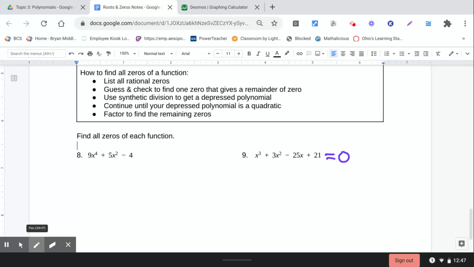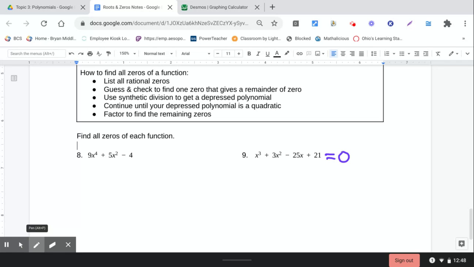So we're going to start by listing all of the rational zeros, and we're going to just guess and check until we find one that works. Once we find one that works, we're going to do it through synthetic division to get a depressed polynomial, and then we are hopefully going to factor that and find the rest of the zeros. Okay, so this is all stemming back from the problem that we cannot factor this and find the zeros.